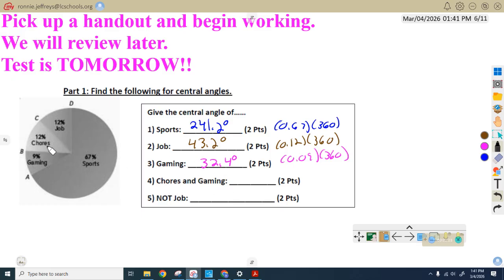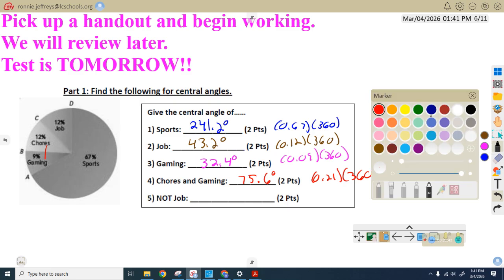Chores and gaming. So chores and gaming, so 0.21, gives 75.6 degrees. And not job.